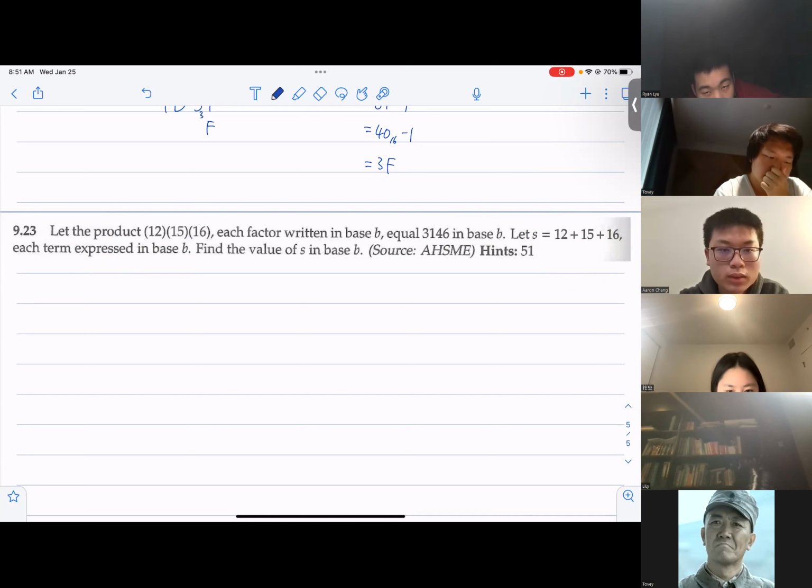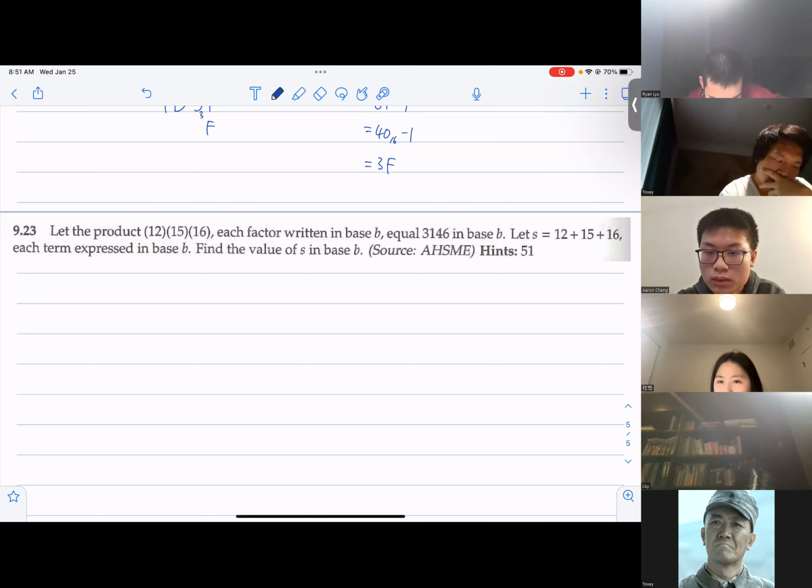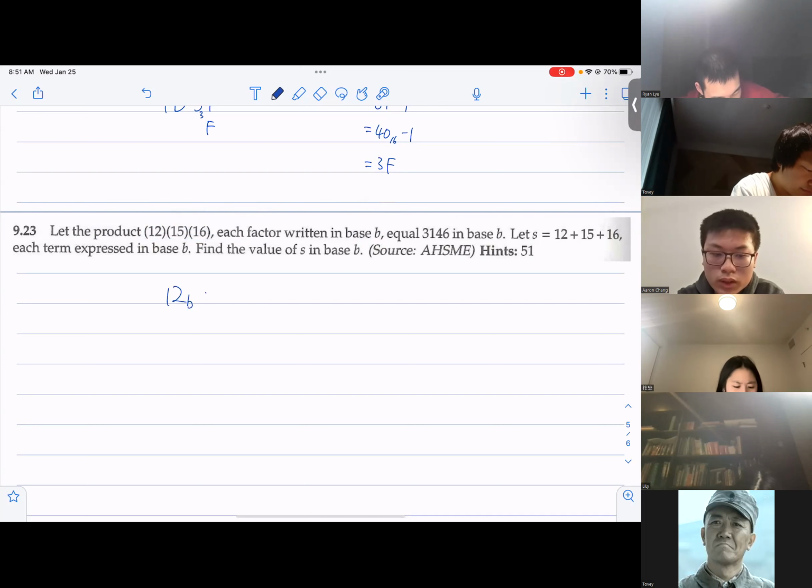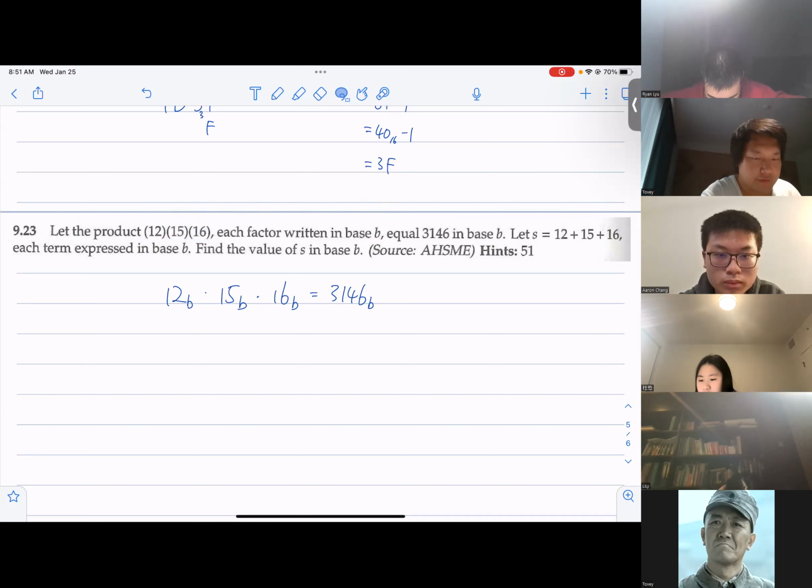So we already know that 12 times 15 times 16 is 3146. These three factors are in base B too, okay? Because he said, each factor. So 12, 15, 16 are not in base 10.